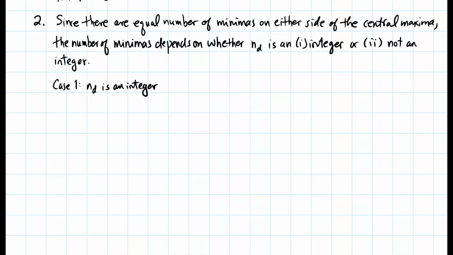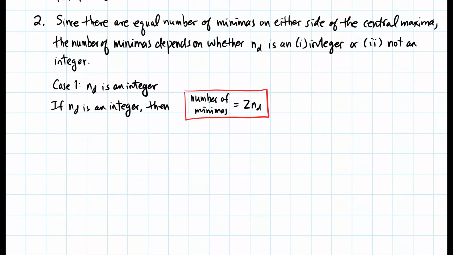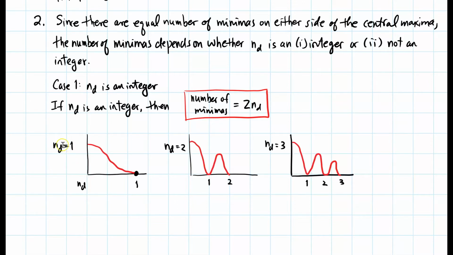So let's do the first case, which is ND is an integer. If ND is an integer, then the number of minimas is equal to 2 times ND. So if ND is 1, that means there's only one minima on each side. Nothing exists beyond that. And for 2, I have 2 minimas on each side. And for 3, I have 3 minimas.